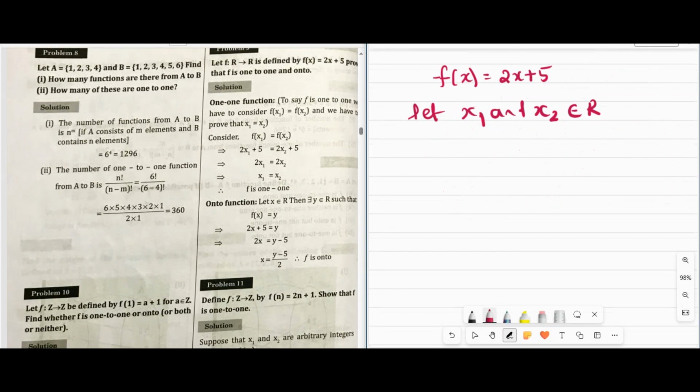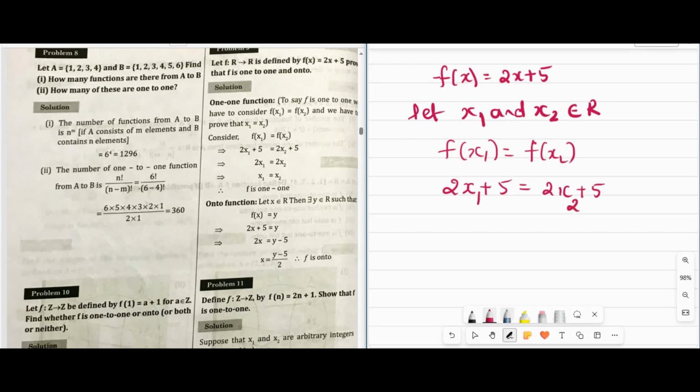Let x1 and x2 belong to R. Then f of x1 will be equal to f of x2. Then the function is 2x1 plus 5 equals 2x2 plus 5. So here we have 1 and here we have 2.